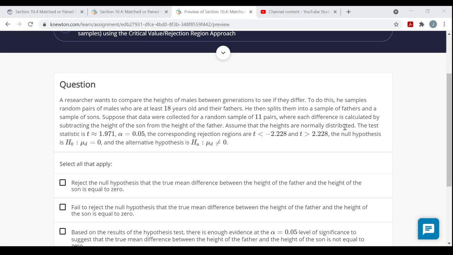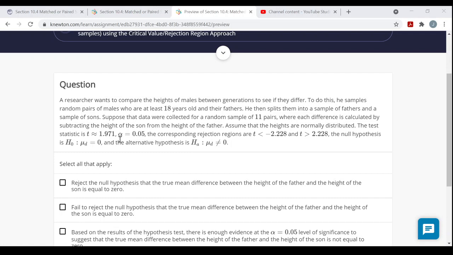If the heights are assumed to be normally distributed, we can still say we're going to be working with that student's t-distribution. The test statistic is given to us here, so we don't have to calculate it ourselves. It is a t-score of 1.971.